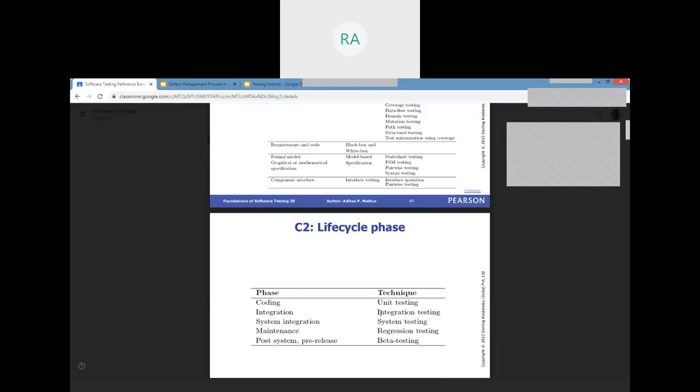It basically focuses on integration of the modules. During the integration of the modules, I design test cases and carry out the execution of those. That is what I call integration testing. After that, system integration.